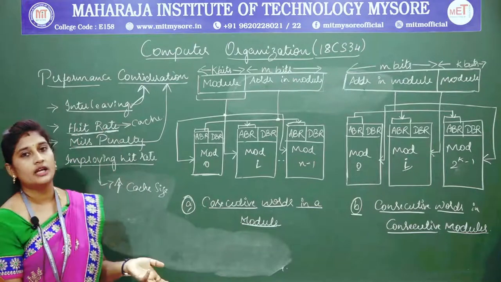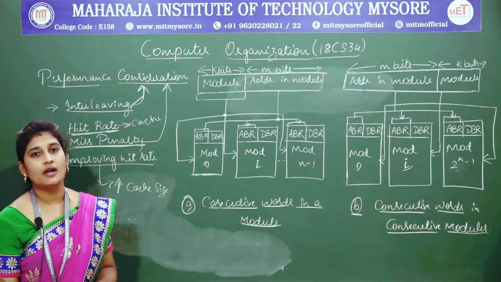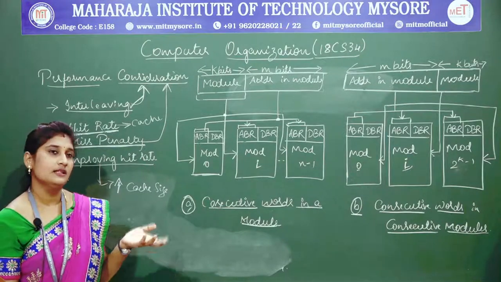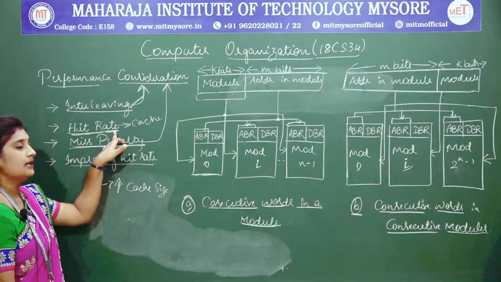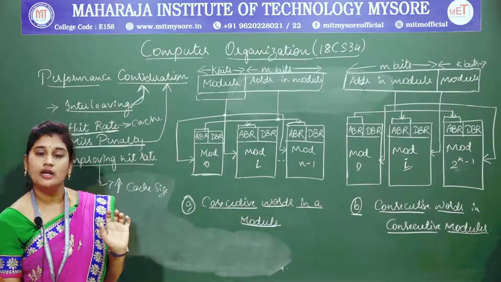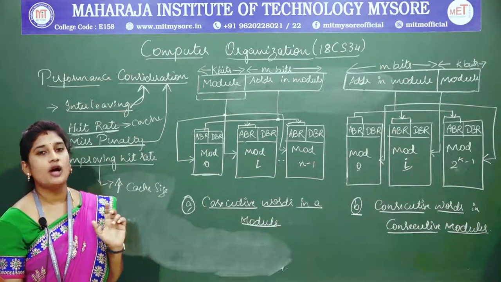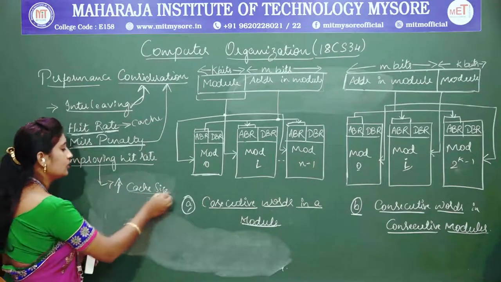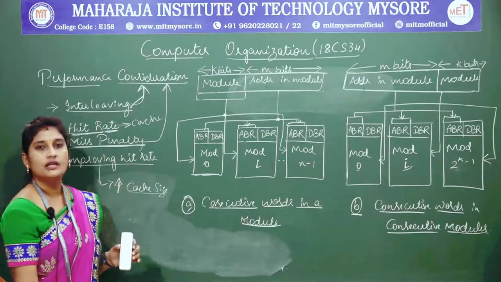The data present in main memory which is frequently used, I will move into the cache memory, isn't it? So I want the cache memory size to increase, so that my hit rate will increase.